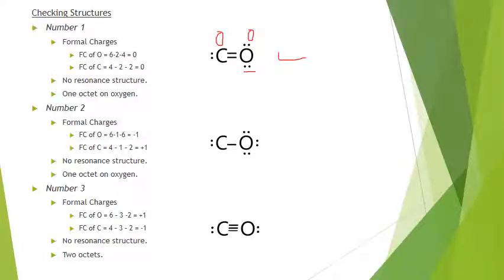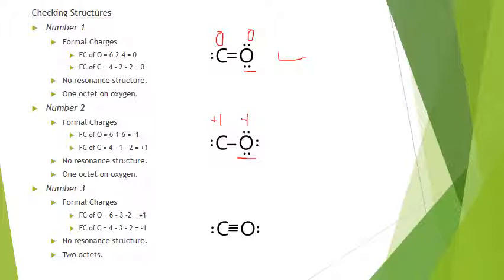Number 2, the oxygen has 1 minus, and this carbon has +1. So 4 valence electrons, 1 dash and 2 dots, plus 1, and oxygen. There's no resonance structure, and 1 octet right here.